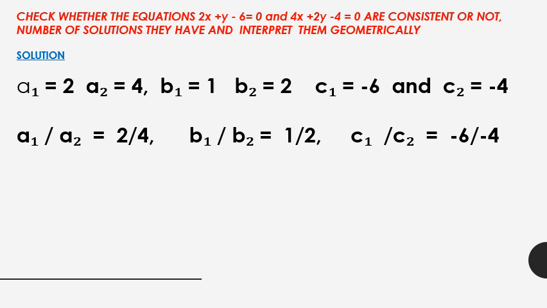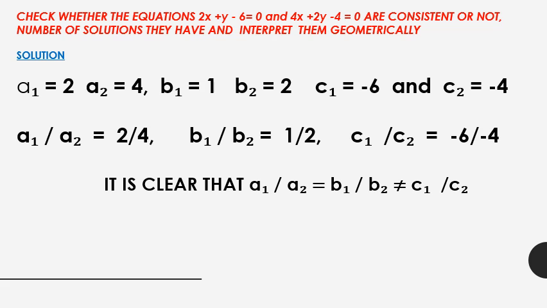Now you see, it is clear that a1 by a2 is equal to b1 by b2, as a1 by a2 is equal to 2 by 4 which is equal to 1 by 2, b1 by b2 is equal to 1 by 2. Therefore a1 by a2 is equal to b1 by b2.